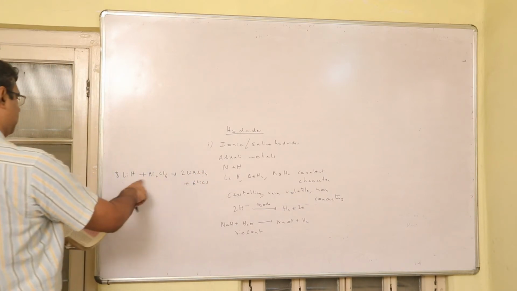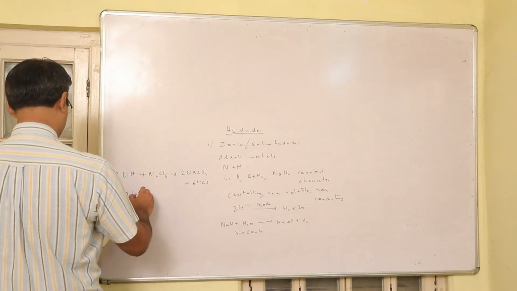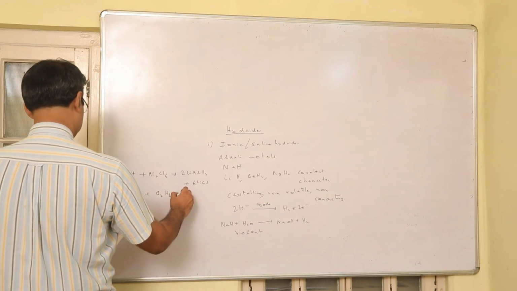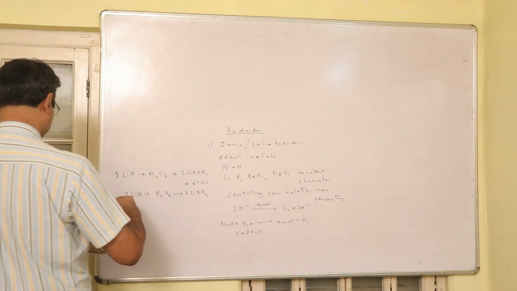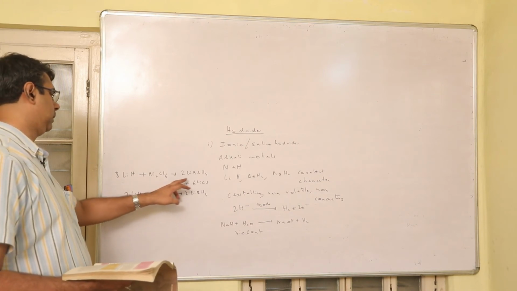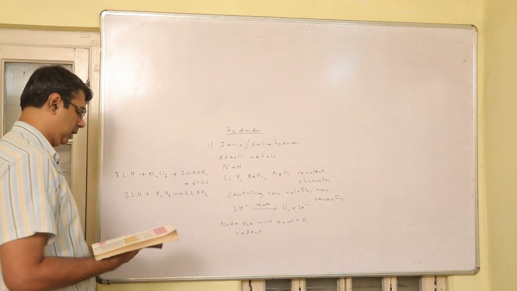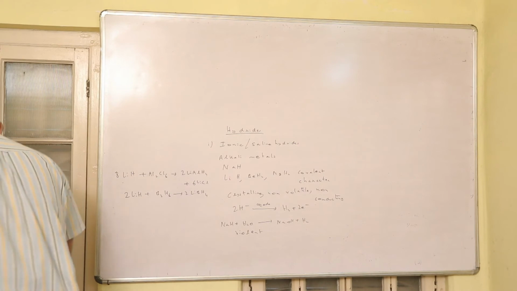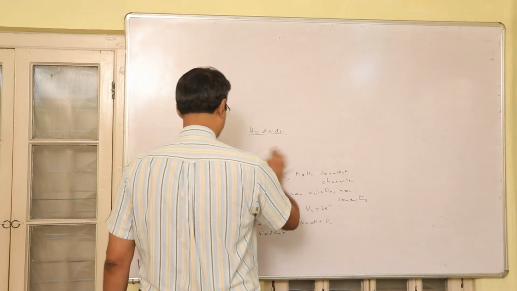So lithium hydride can be used to prepare lithium aluminum hydride, it can be used to prepare lithium borohydride, and so on. So these are the details of ionic hydrides.